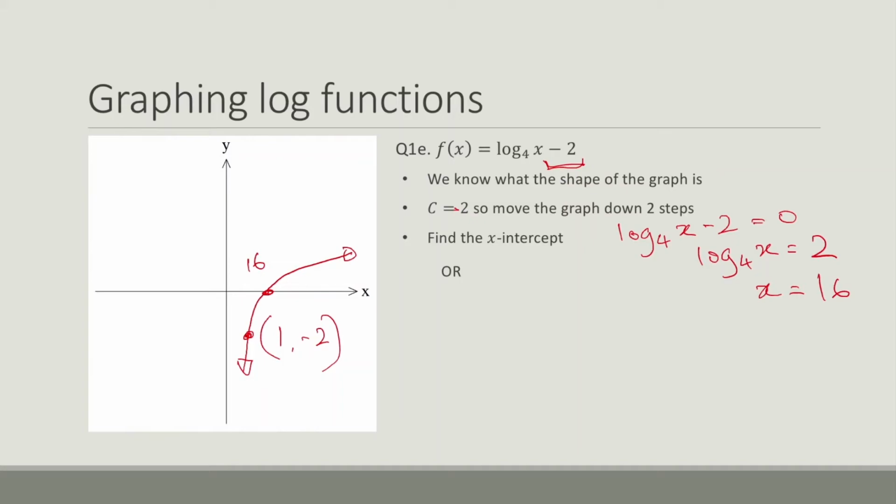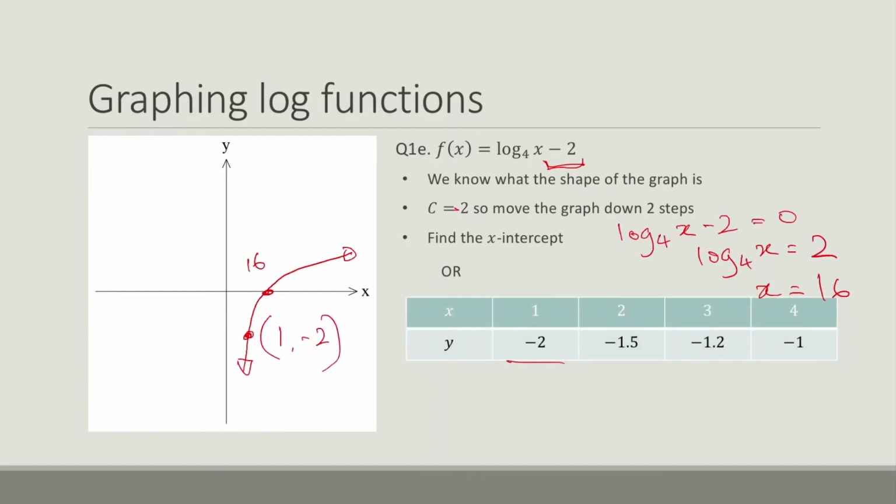The other way you can do it, if you ever get confused, is use a table. So there we go. That's 1 and -2. And that's it. And for this one, you can use this equation like we did last time.